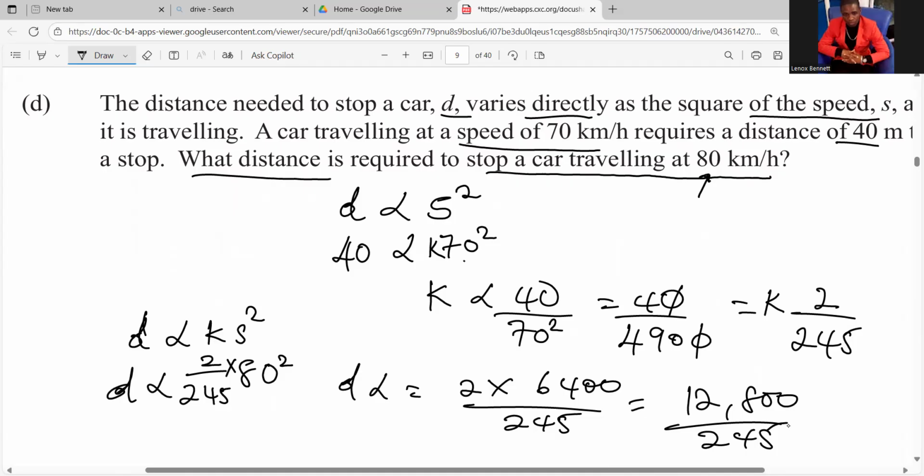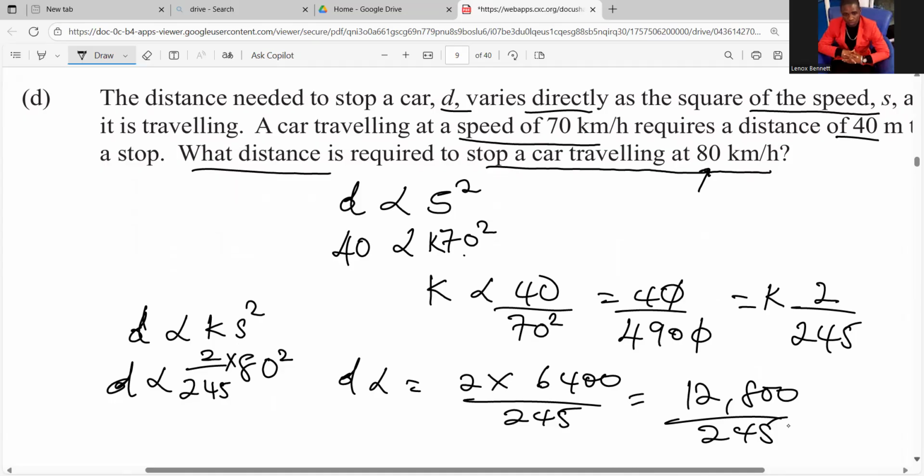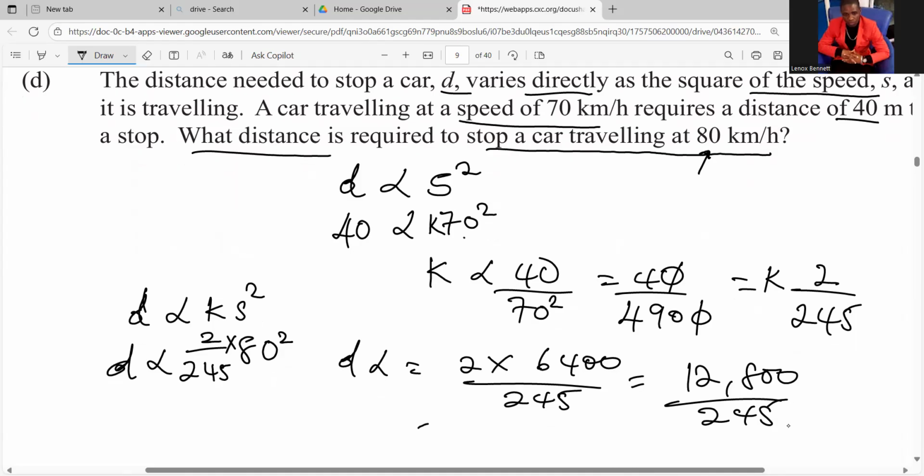All right, so that is 52.24. Use a calculator. That's just what I'm doing.